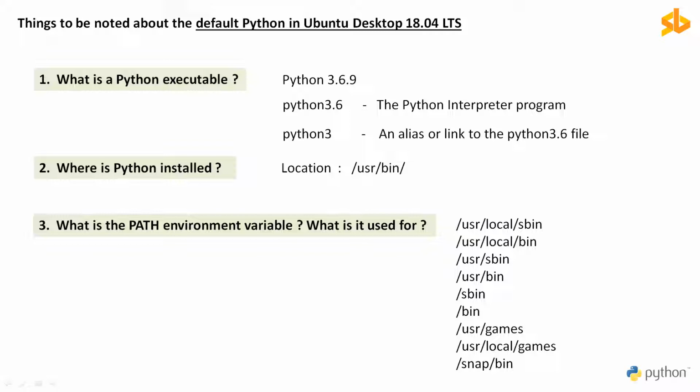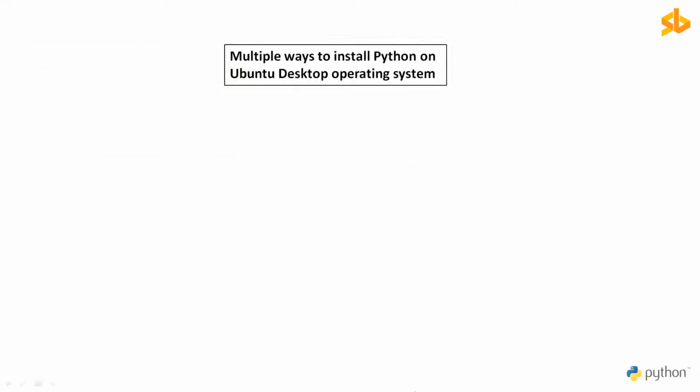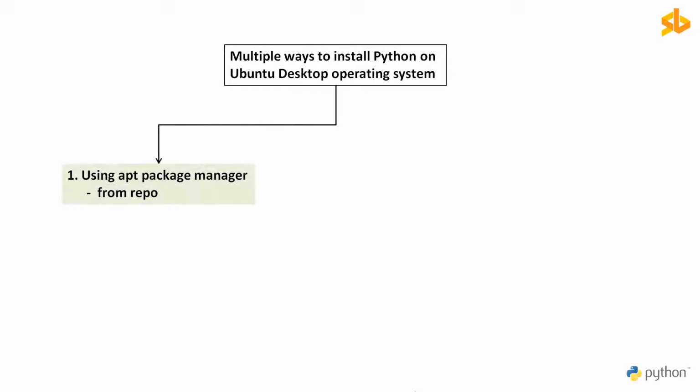Now let's install the latest version of Python in our system. It can be done in many ways, but we will explore two popular ways of doing it. First, we will use Ubuntu's default package manager, called apt, to download and install Python from a repository. It also happens to be the simplest and quickest way to set up Python.